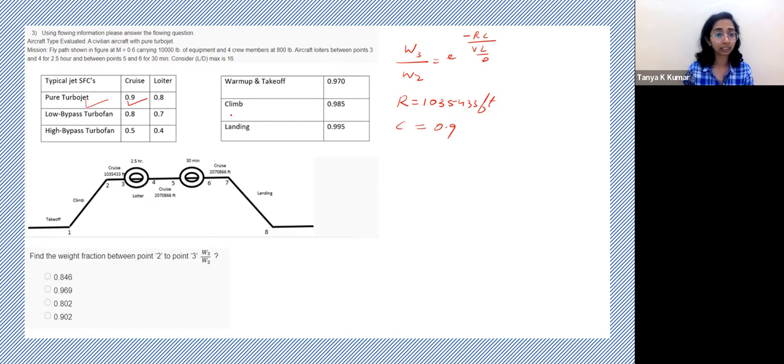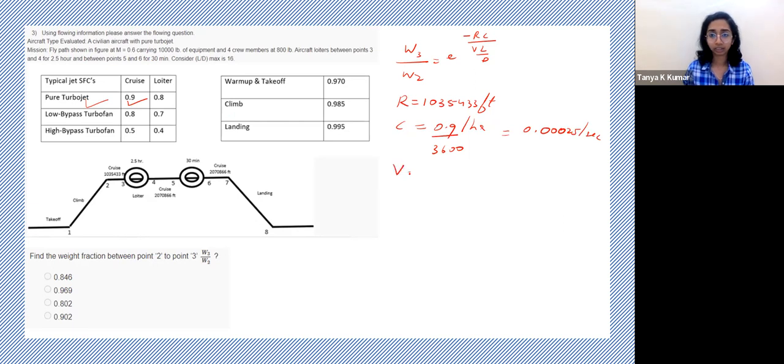And this is in per hour, so we need to convert it into per second. Just divide by 3600. You get 0.00025 per second.